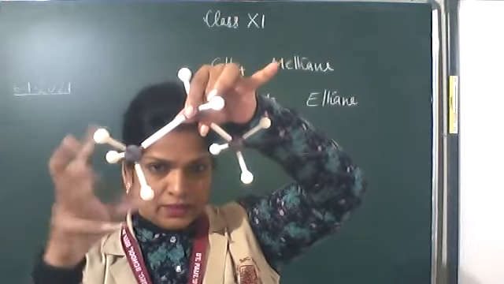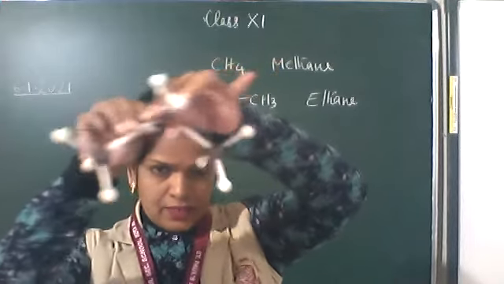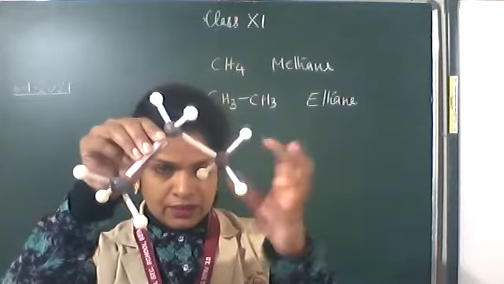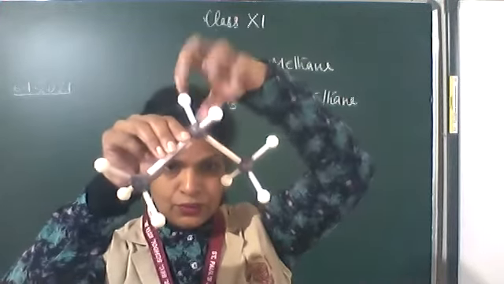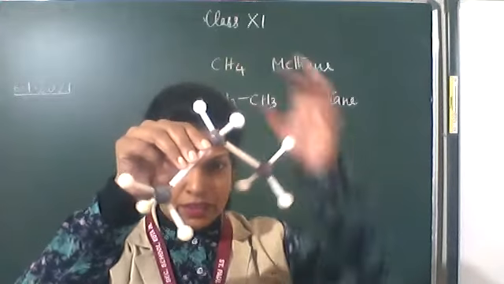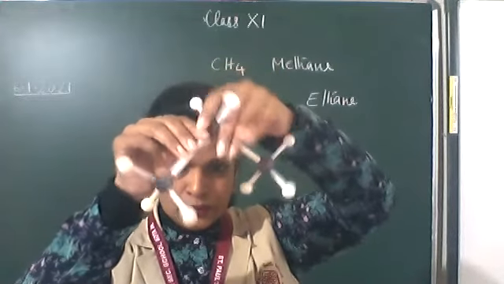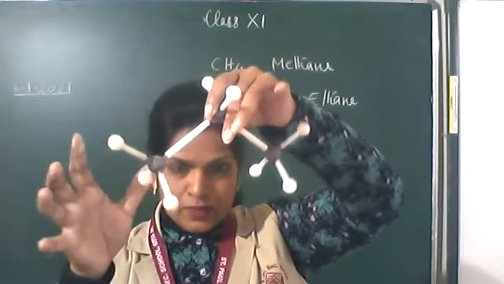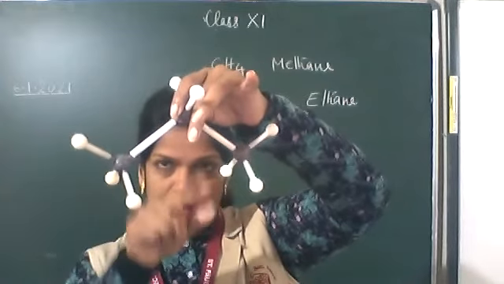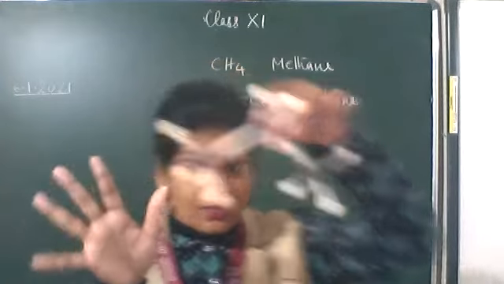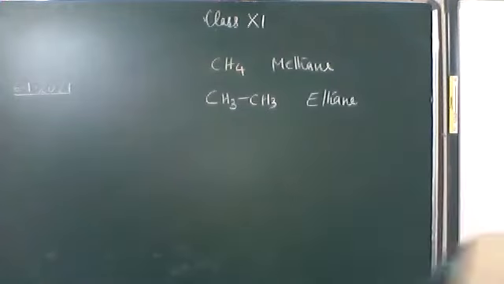So CH3, CH2, CH3. Alright, so you see it like a bend, but it is a straight chain. We call it a straight chain.